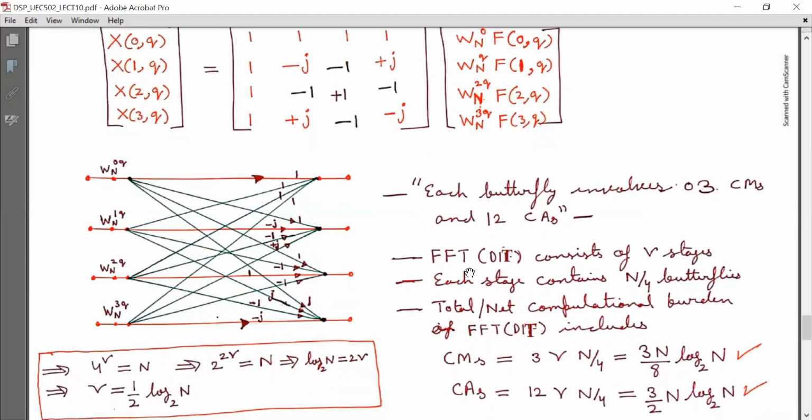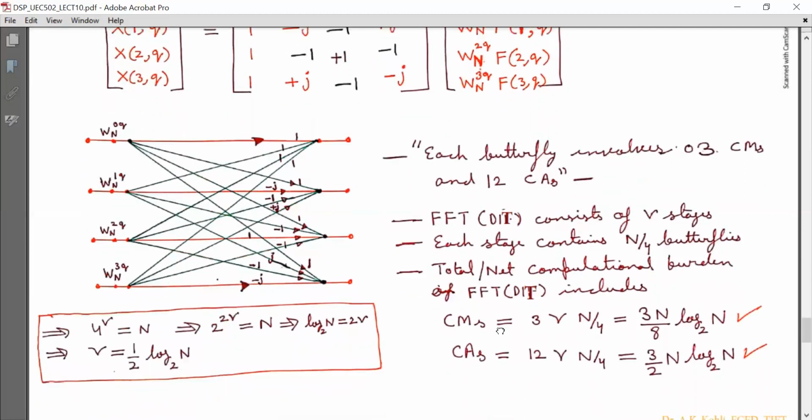So FFT DIT consists of V stages. Each stage contains N/4 butterflies. Total or net computational burden of FFT DIT includes complex multiplications. Here 1 butterfly involves 3 complex multiplications, so 3 is here. Number of butterflies per stage, N/4, 3 into N/4.